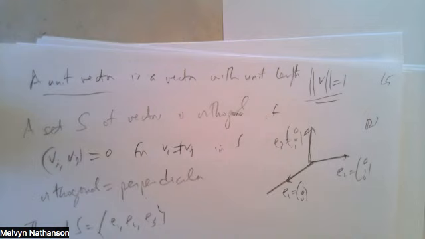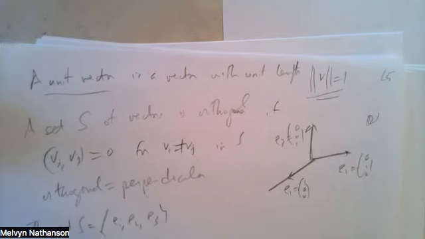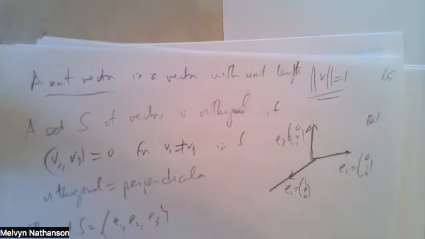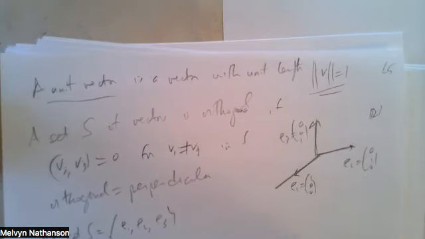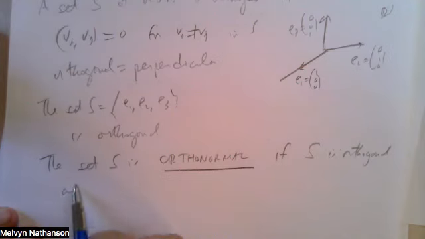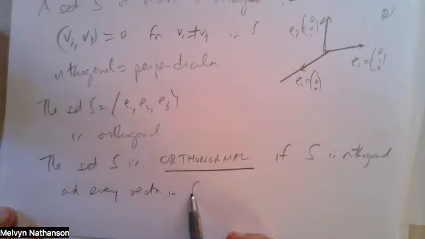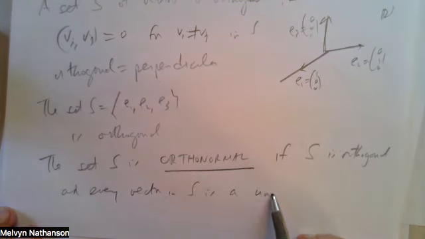The set S is called orthonormal if S is orthogonal, that is, every pair of vectors in S is perpendicular, and every vector in S has length 1, is a unit vector.